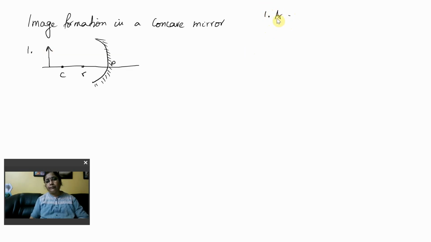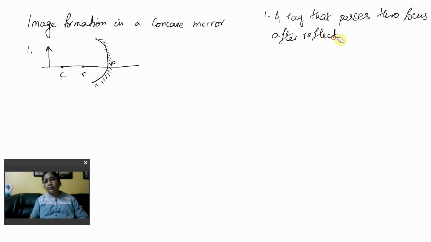First, a ray that passes through focus after reflection is parallel to the principal axis.